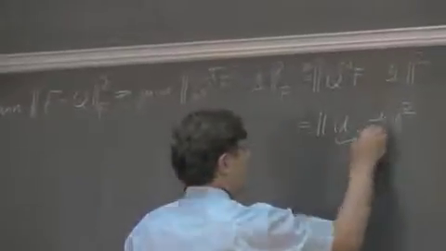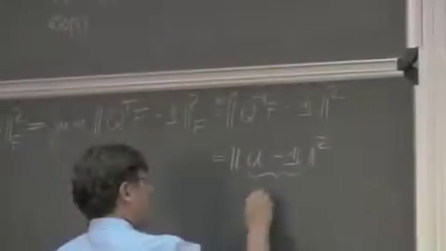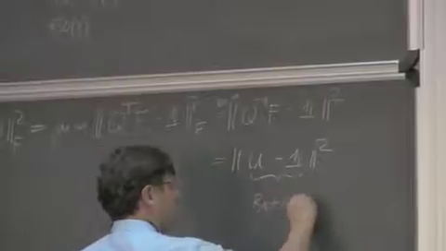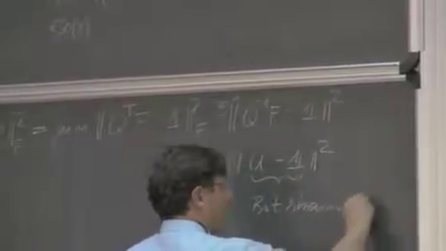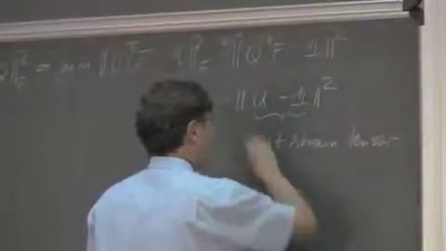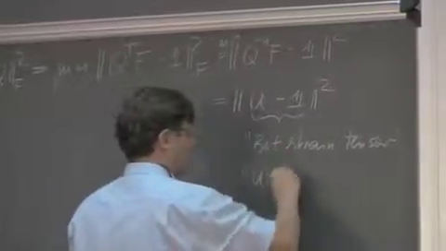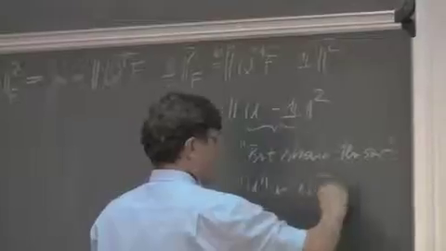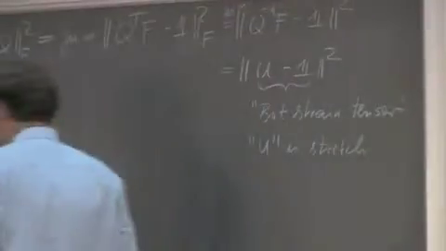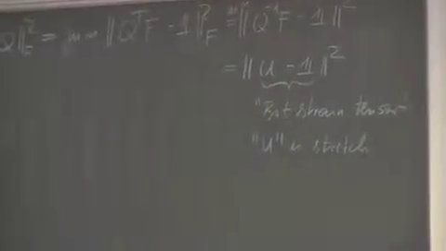And this is the Biot strain tensor. And U is the stretch. And of course, if U is equal to 1, we have already all these ingredients.